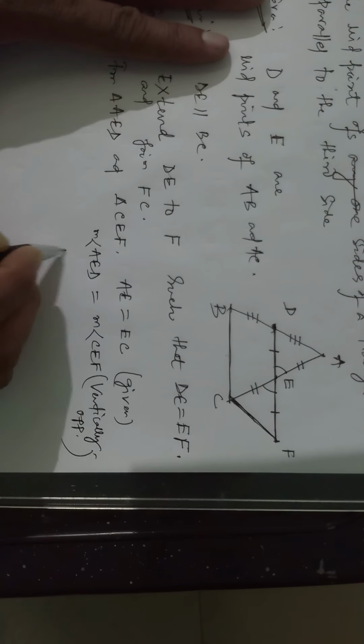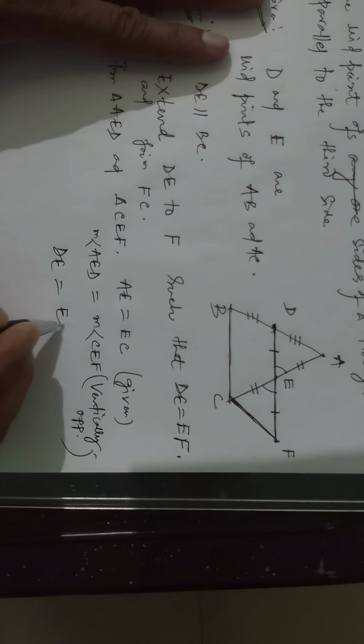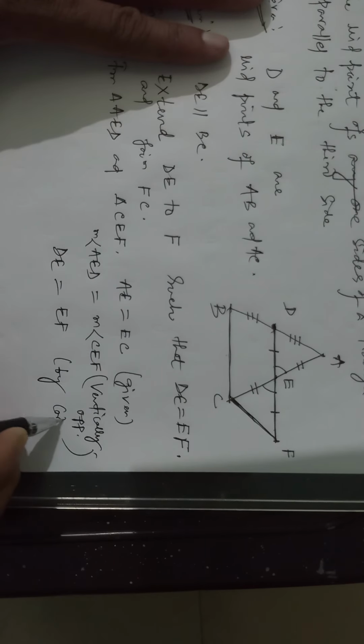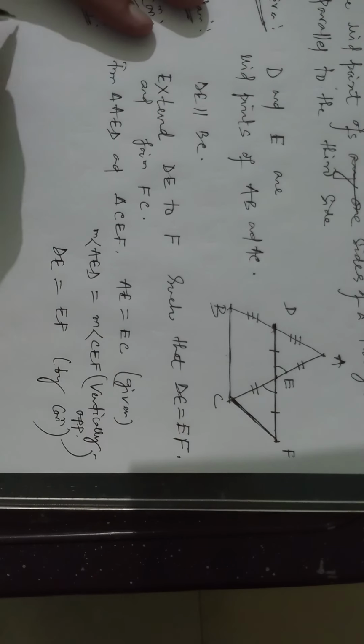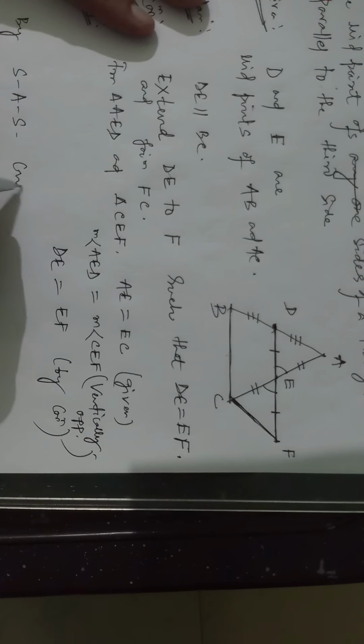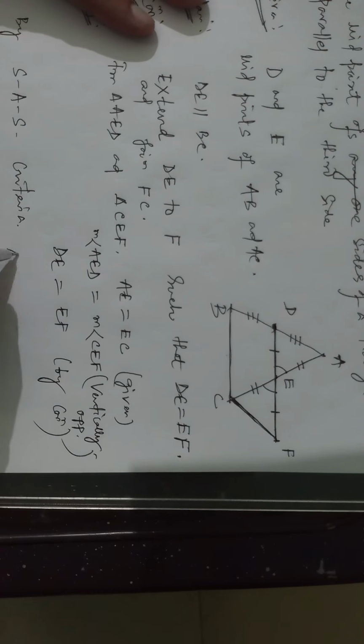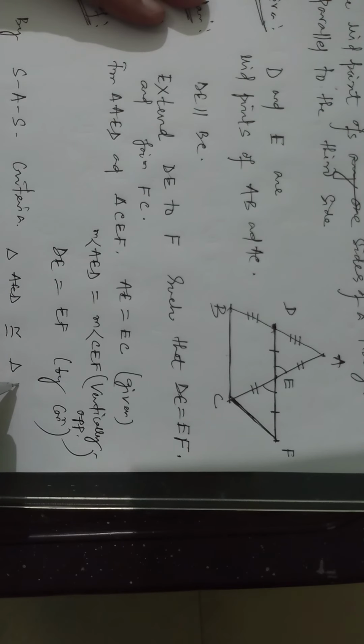Now DE equals EF by construction. So by side angle side criteria, triangle AED is congruent to triangle CEF.